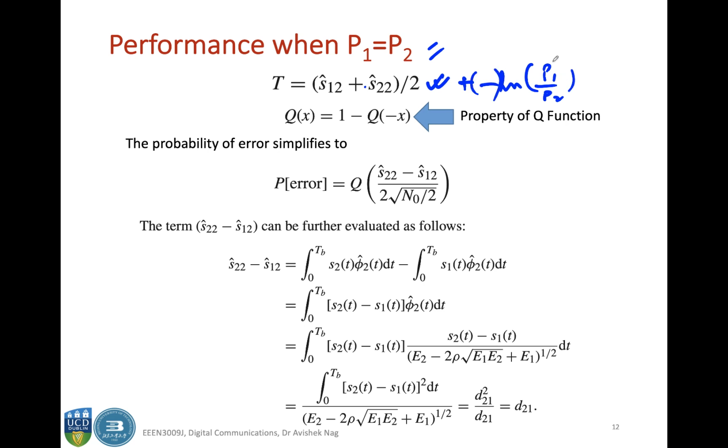So p1 equal to p2 means this term will be 0, and your threshold is only this part. And we have an interesting property of the Q function, which is Q(x) is equal to 1 minus Q(minus x).